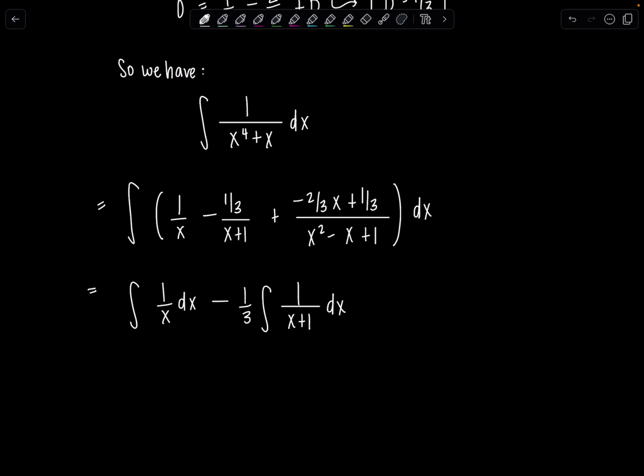And then for the next one, be careful. I'm actually going to take out the minus 1/3 from both terms in the numerator. So I can write it as minus 1/3 times the integral of 2x minus 1 over x squared minus x plus 1 dx.